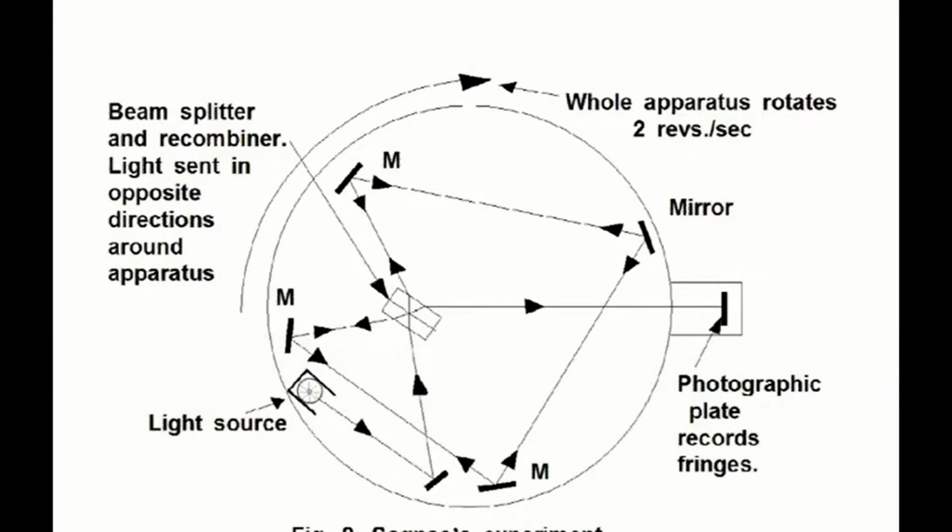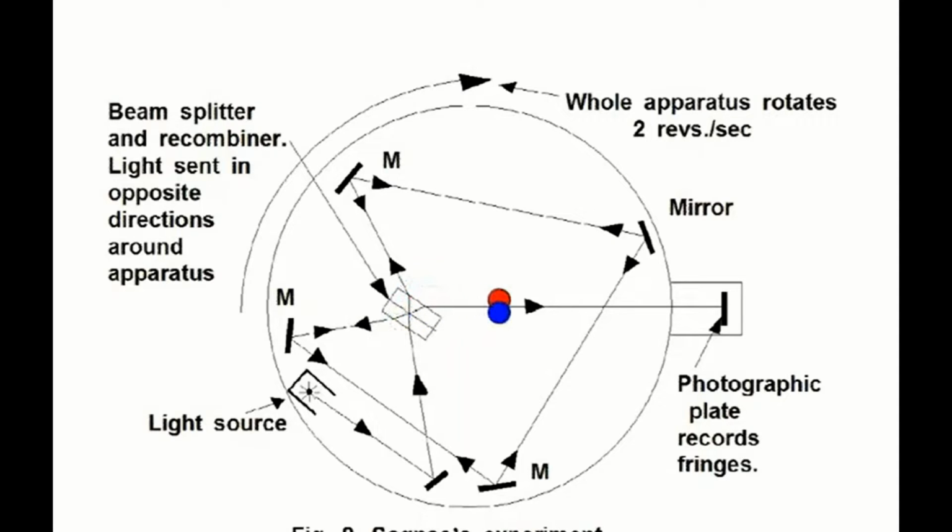A beam of light leaves the light source at the bottom left-hand corner and is split into two different beams, which we have coloured red and blue just to distinguish them. They travel round the circuit in opposite directions until they eventually reach the splitter, which also recombines them.